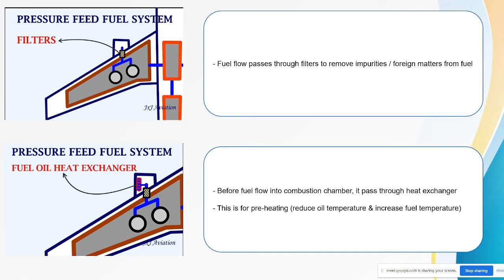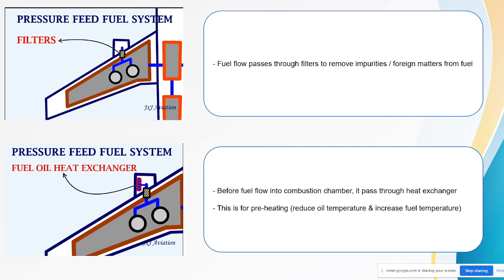As the oil resides in the engine, it lubricates the engine, but at the same time, as the engine runs, it also absorbs heat from the engine, so its temperature increases. But the fuel is located in the tank. It is not directly connected to the engine, so the temperature is not that high.